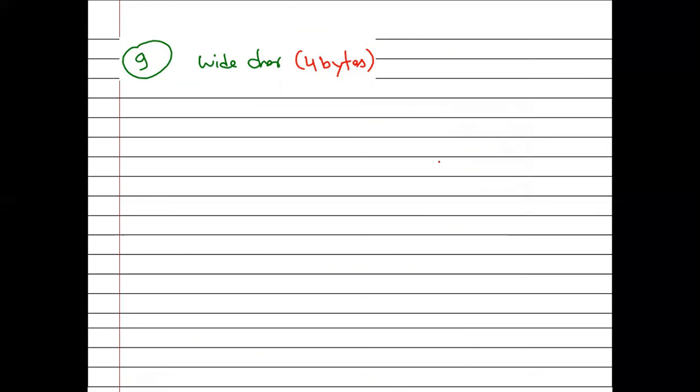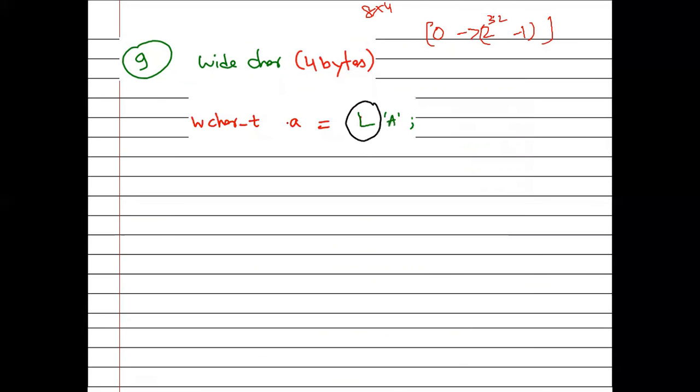Okay. So in case of 4 bytes, the range would again be 2 to the power 4 times 8, which means 32, minus 1, right? So this is the range for the wide character. To store the wide character, we have a specific way. We have to use this as a data type, and we have to append a capital L before the character you are going to use.